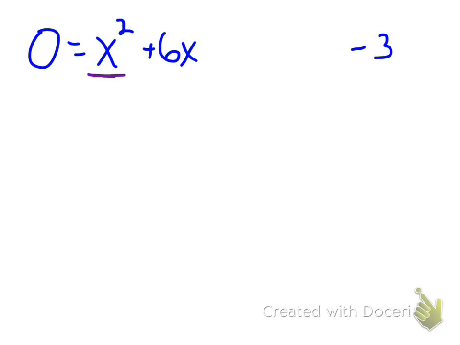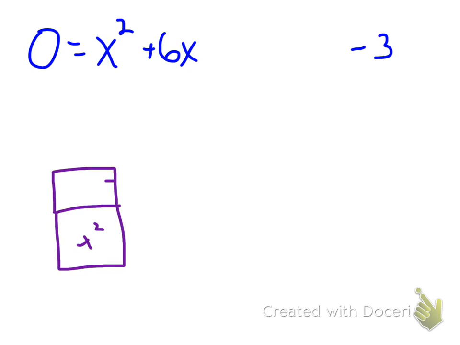So if I have an x squared and 6x's, there's my x squared. And my 6x's, if I'm building a square, I need to have 3 of them on each side. So now I have an x and a 1 and a 1 and a 1, which makes an x plus 3.